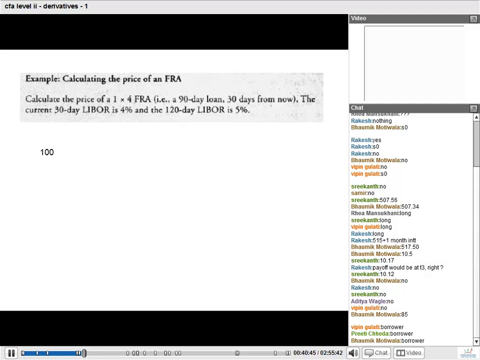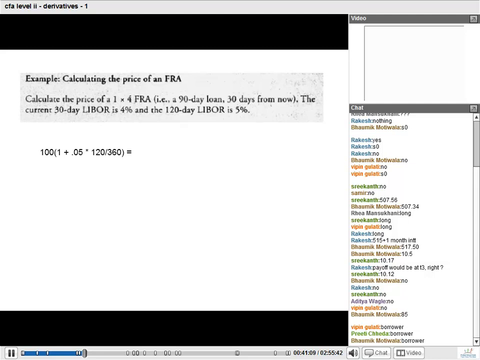So if I borrow $100 for a period of 120 days, how much would I have to pay? So that's the convention in the LIBOR market. I would pay 100 into 1 plus 0.05 into 120 by 360.